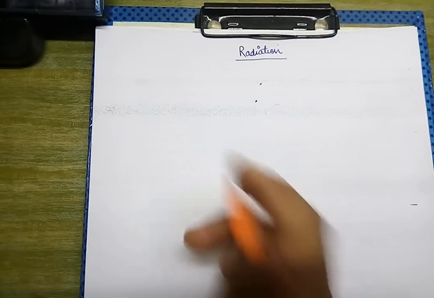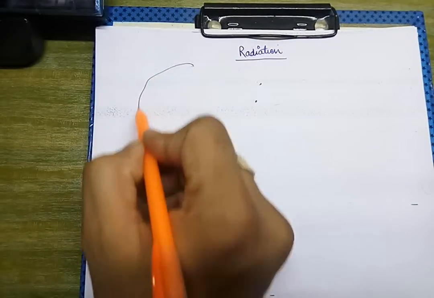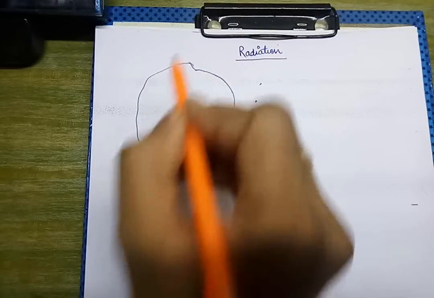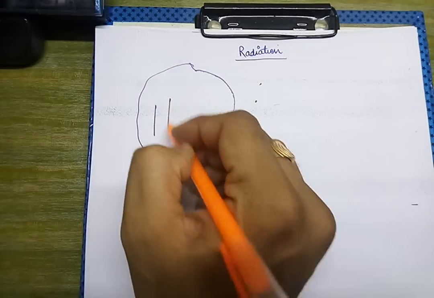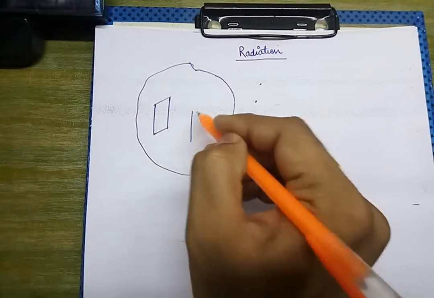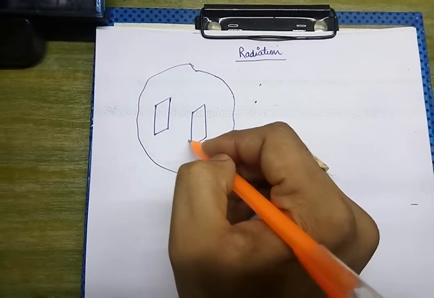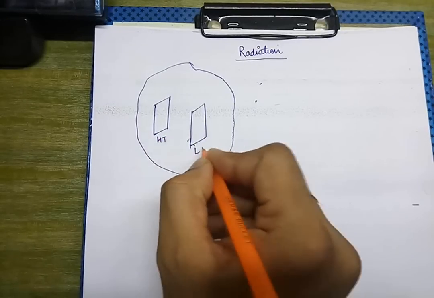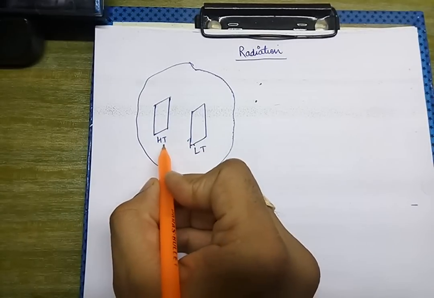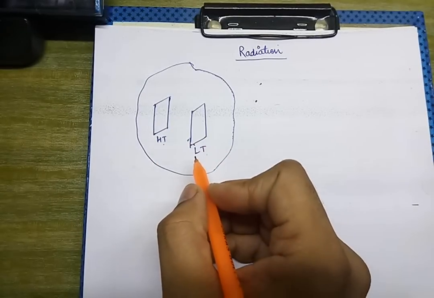So for example, say we have a vacuum chamber. For example, this is a chamber such that we have maintained vacuum in this chamber. We have two plates inside this chamber such that this is the HT and this is the LT. HT is the high temperature plate, LT is the low temperature plate.